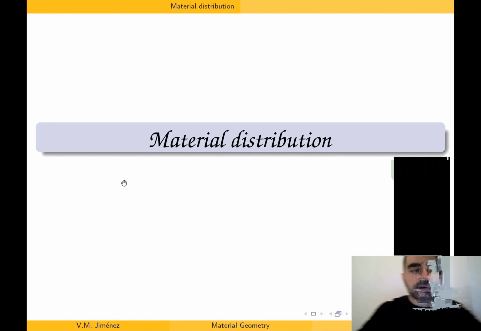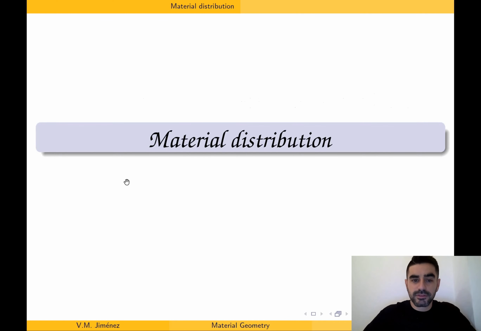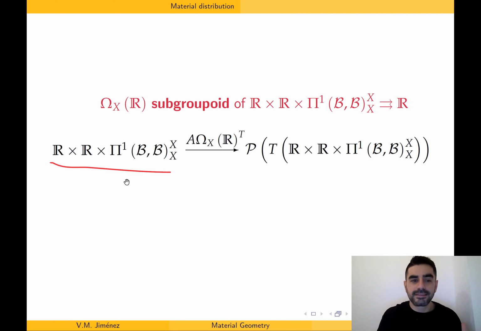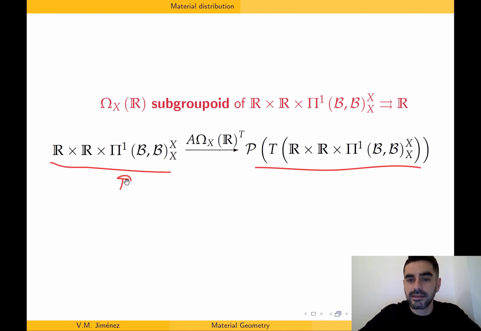So okay, let me talk a little bit about the material distribution. So we will construct a distribution over this manifold. Like any distribution, for any point here, we will have a vector subspace of the tangent bundle of the same manifold. Here the notation is the power set of the tangent bundle.